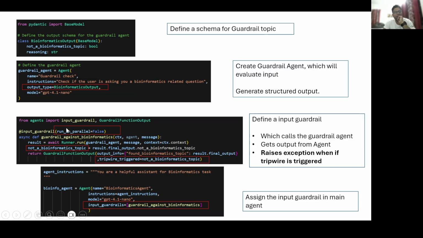The only important thing you see is run_in_parallel equal to false. That's a very, very important parameter. Now you see there are two agents. One is the main agent, the bioinformatics agent, which actually received the query from the user. That agent sent the query to your Guardrail agent. It may happen that the Guardrail agent is running and the main agent is also running.